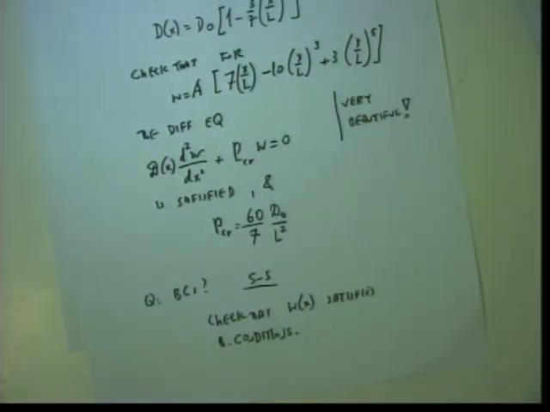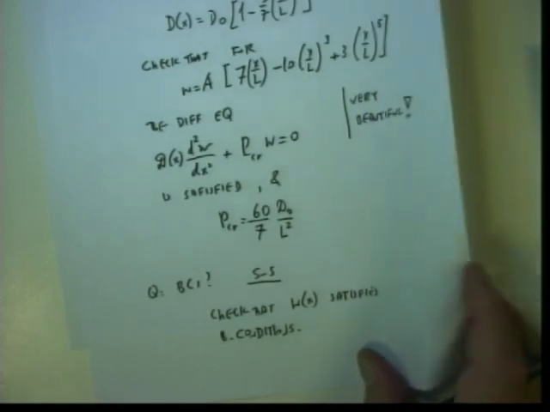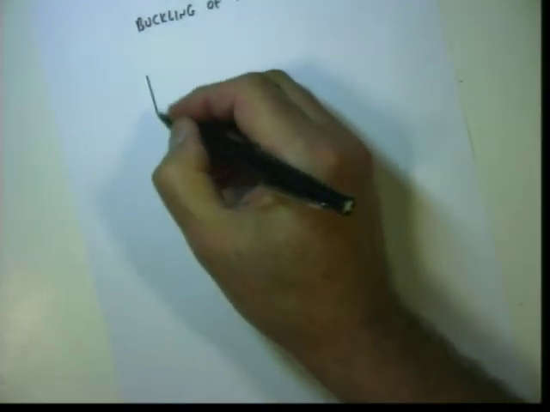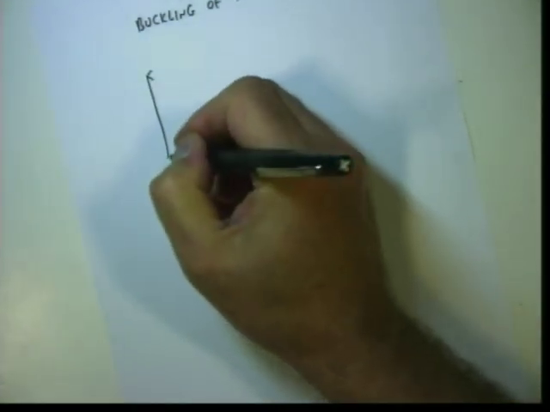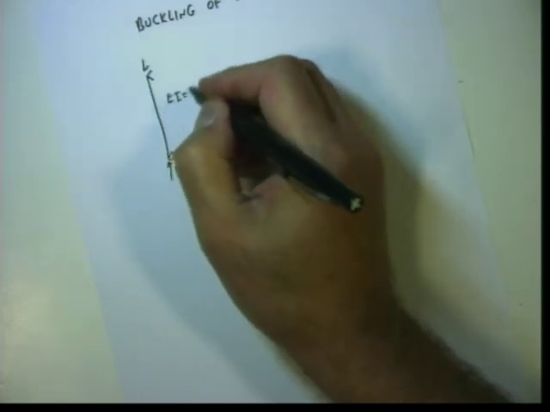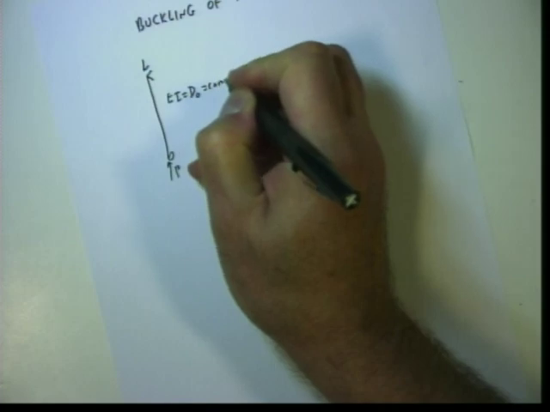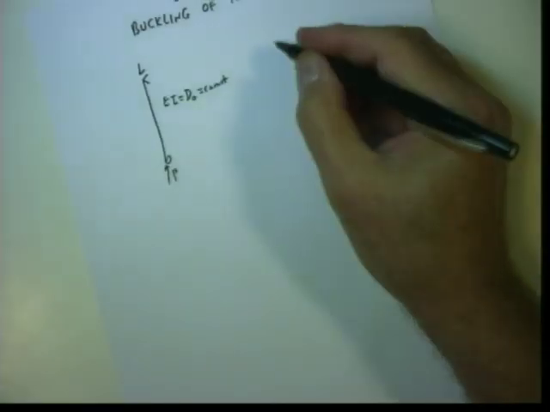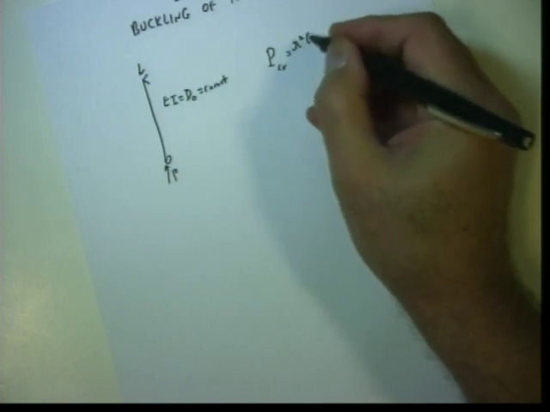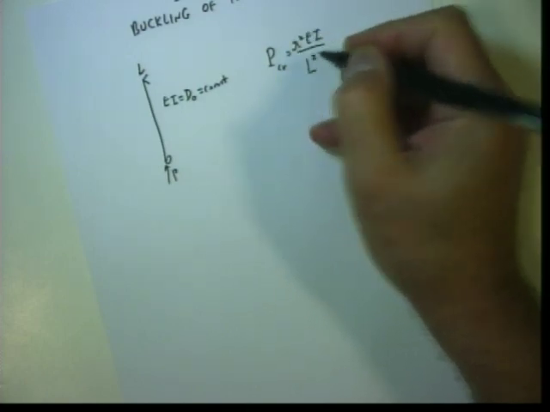Why is it a very beautiful solution? Because pay attention, for a simply supported beam, which must be simpler, EI equals D sub 0 and is constant. So we have a solution like this: P critical equals pi squared EI over L squared.